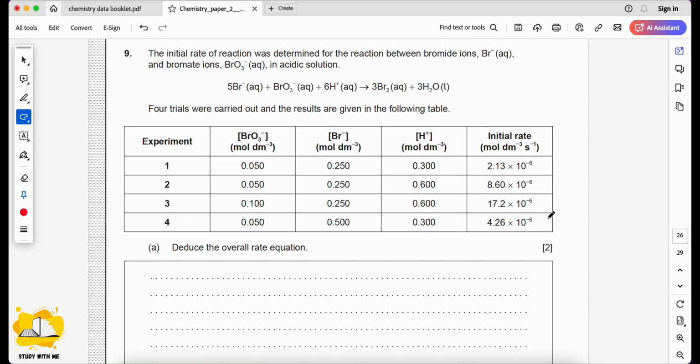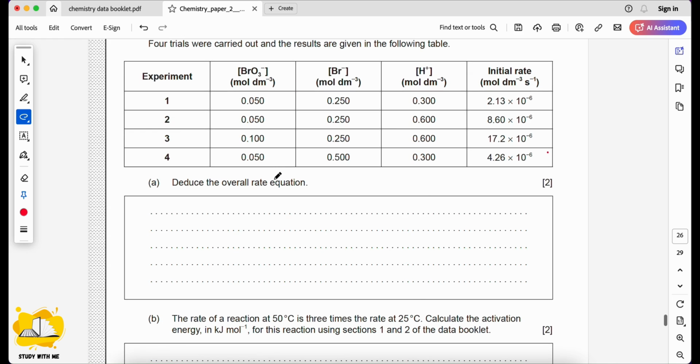The last one: the initial rate of reaction was determined for the reaction between bromide ions and bromate ions, BrO3-, in acidic solution. So these are the concentrations and initial rates.